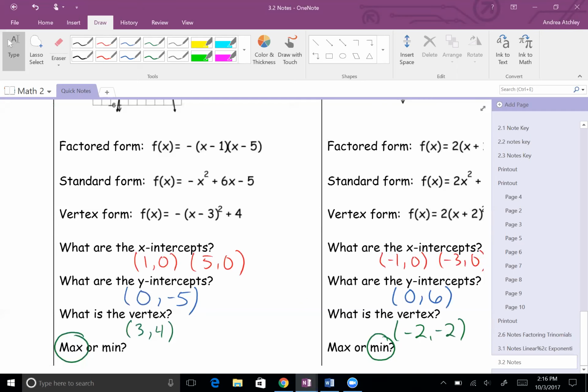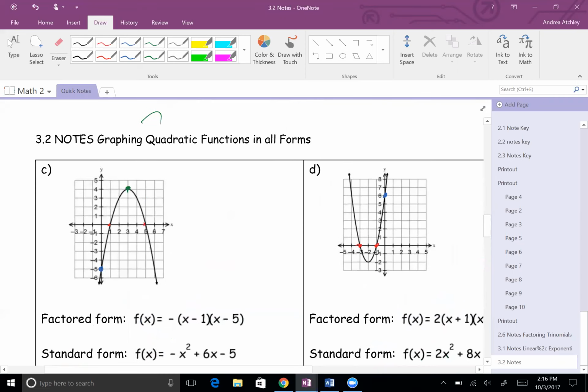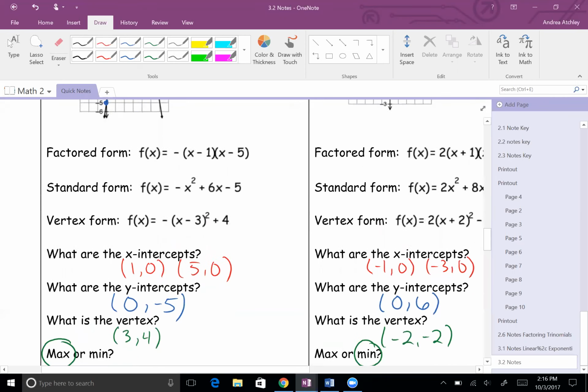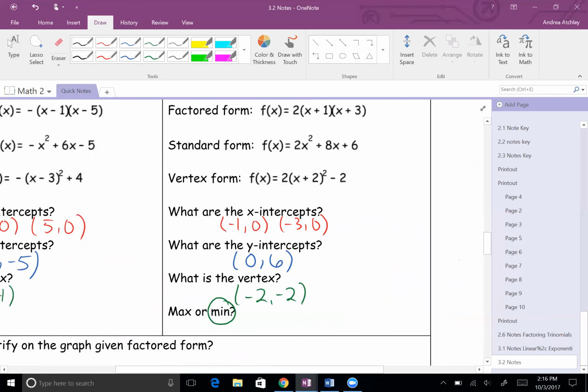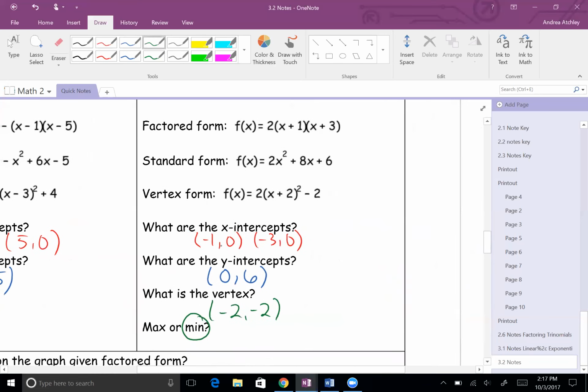Yeah. The x-intercepts. If you notice here on my factored form for letter, I think this is C, my x-intercepts were 1 and 5, and my factored form is x minus 1, x minus 5. If you look over here, my x-intercepts were -1, -3, and then in factored form I have x plus 1, x plus 3.